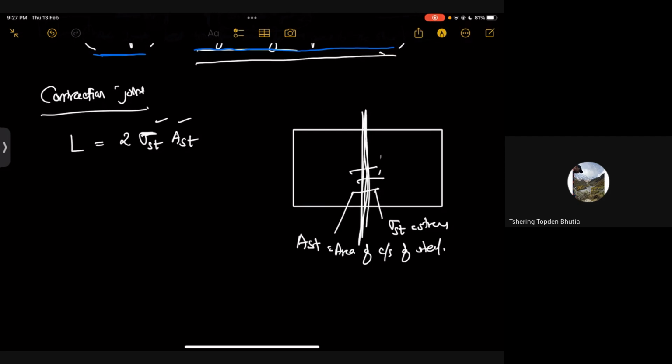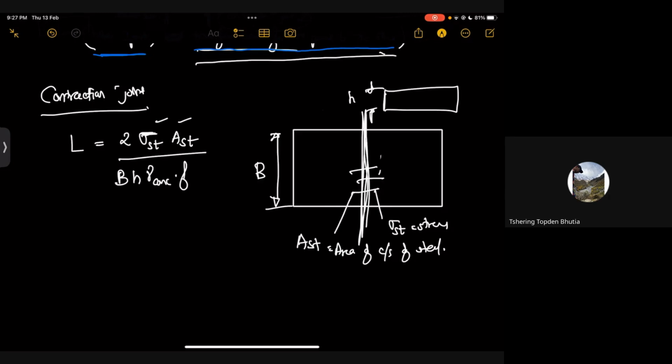Okay, sigma st Ast divided by b h gamma concrete into f, where b is the width of the rigid pavement, h is the thickness of the rigid pavement, gamma concrete is generally the density of concrete, the unit weight of concrete, generally 2400 kg per cubic meter, and f is the friction coefficient.